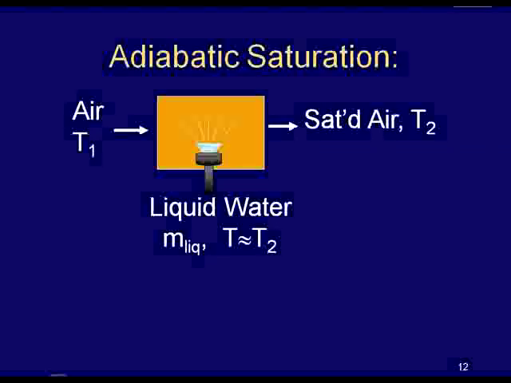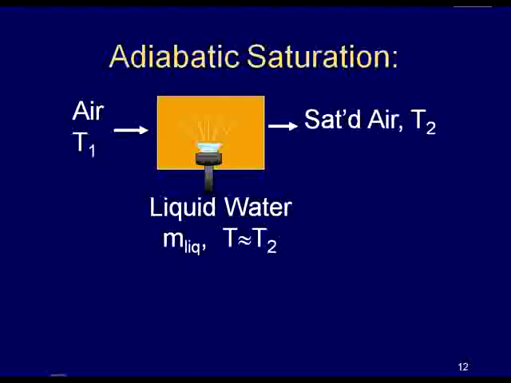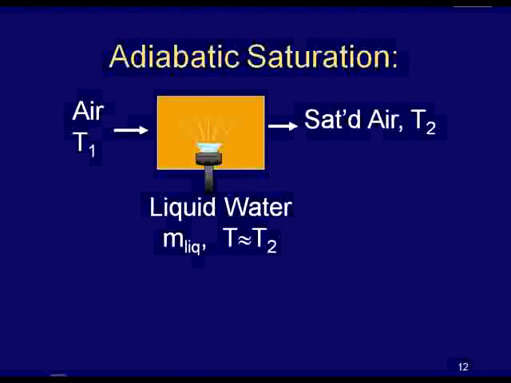Okay, here's a process that's very interesting, called adiabatic saturation. And this is very useful, particularly in dry climates, to cool the air. We bring air in, and then we saturate it. We add water to it, and we wind up with cooler air, because it takes energy to vaporize this water.